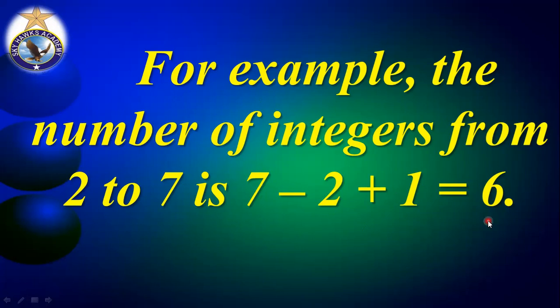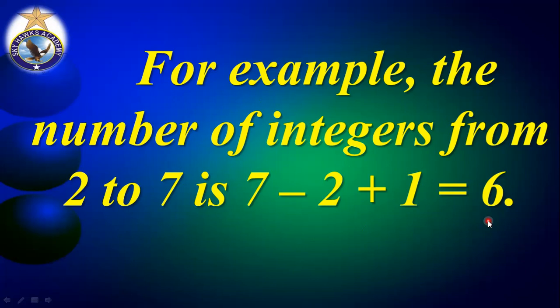If I am asking how many digits are there from 5 to 10? It would be inclusive. So 5 to 10, it would be 10 minus 5 plus 1. So it would be 6.